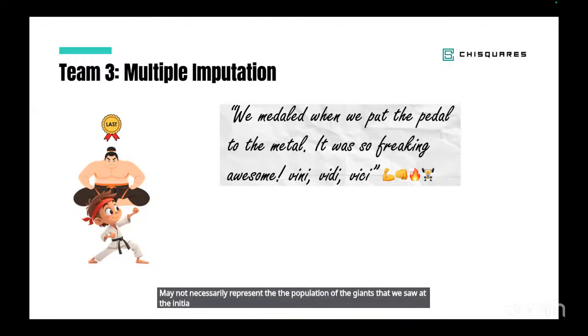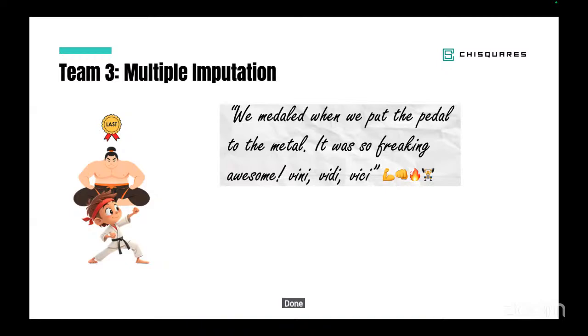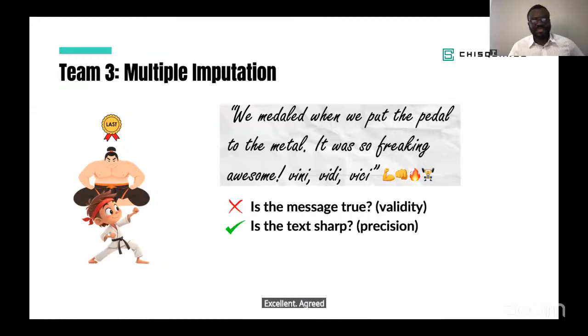However, the fact that there are two people here increases the sample size, and it will be more precise than one person being here. But for validity, it's not valid. Excellent. Agreed. So it's not valid, but it's precise.